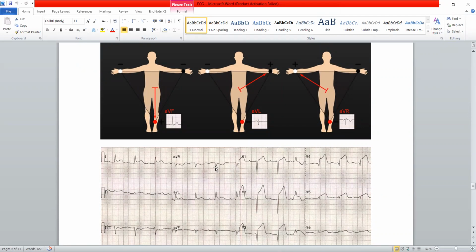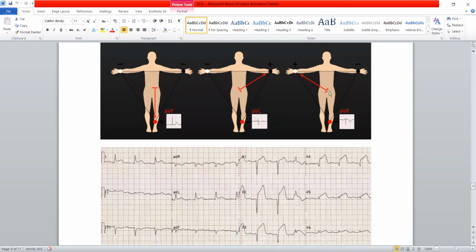So remember that the positive terminal of lead AVR was at the right hand and superiorly. I told you before that lead AVR is looking at the heart from the right and superior position, but the current is flowing downward and towards the left.